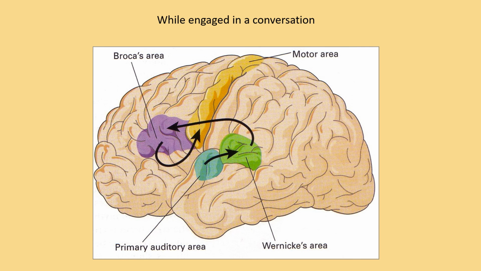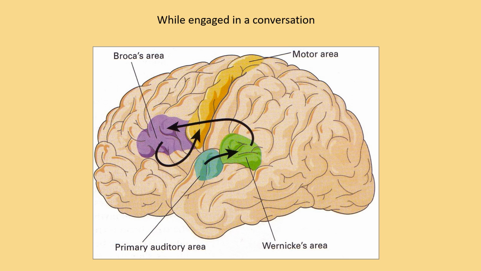Here's a different diagram essentially illustrating the same flow of information. During a conversation, words are processed by the primary auditory area, and that language gets translated in Wernicke's area, meaning the language can only have meaning if Wernicke's area is working properly.